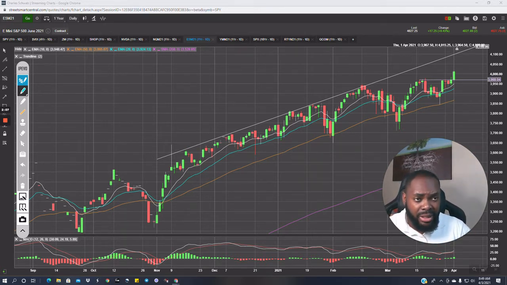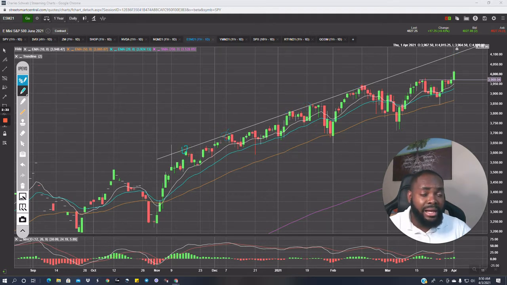I'm basically looking for the S&P 500 to run up to the 4,096 level, right? And by the time price gets close enough to 4,100 on the S&P 500, we will be touching the uptrending resistance level.